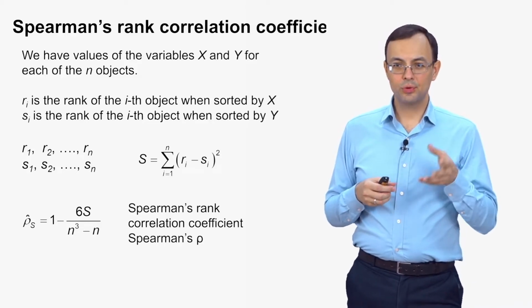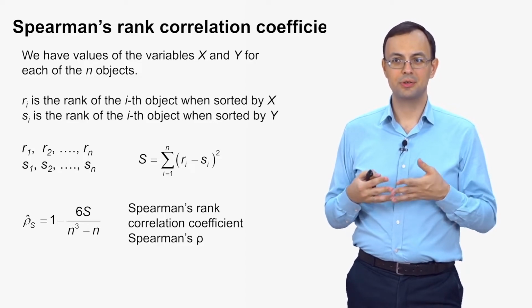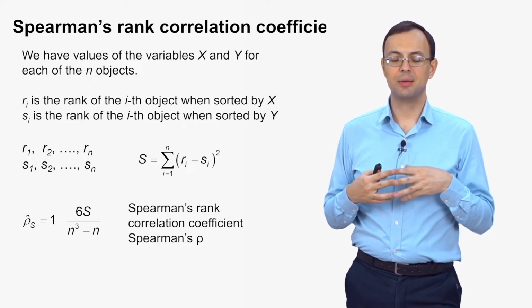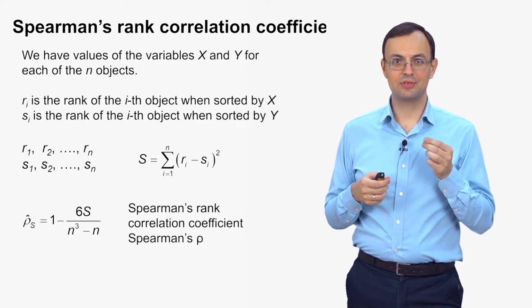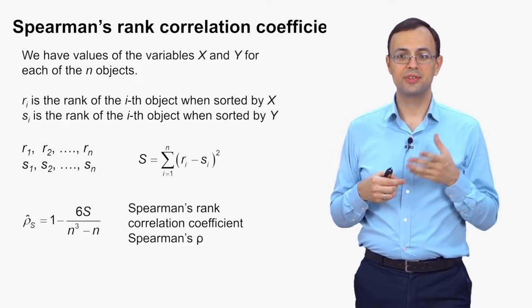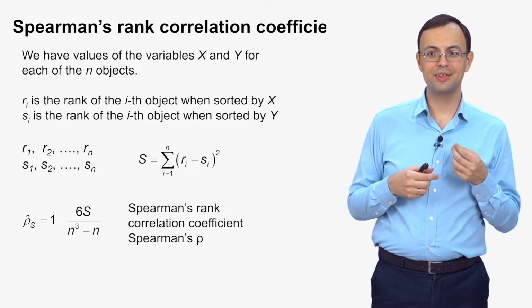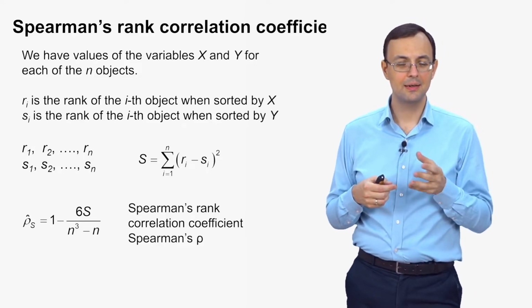The formula you can see now: first step is to find the sum of squared differences of ranks, S, and then Spearman's rho is 1 minus 6S divided by n cubed minus n.